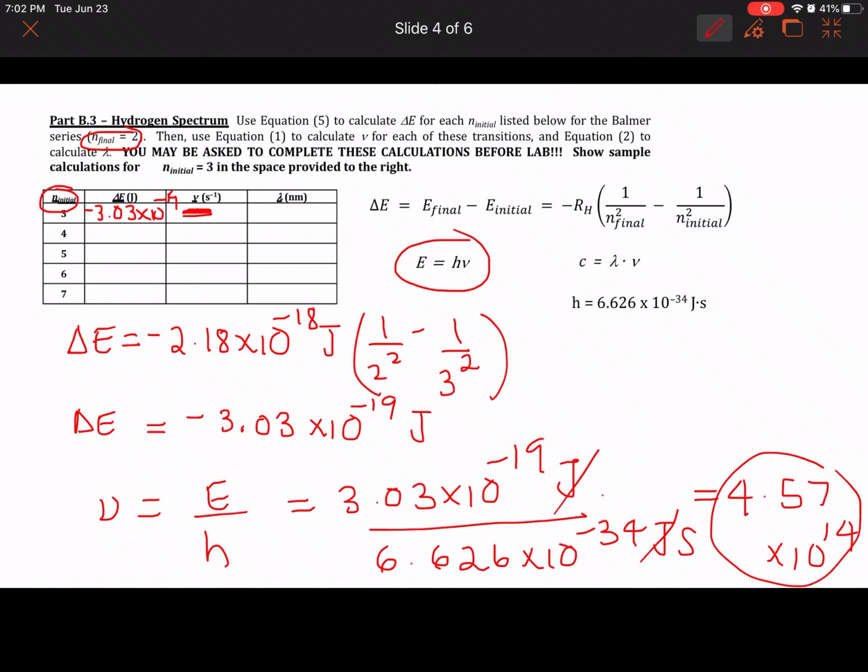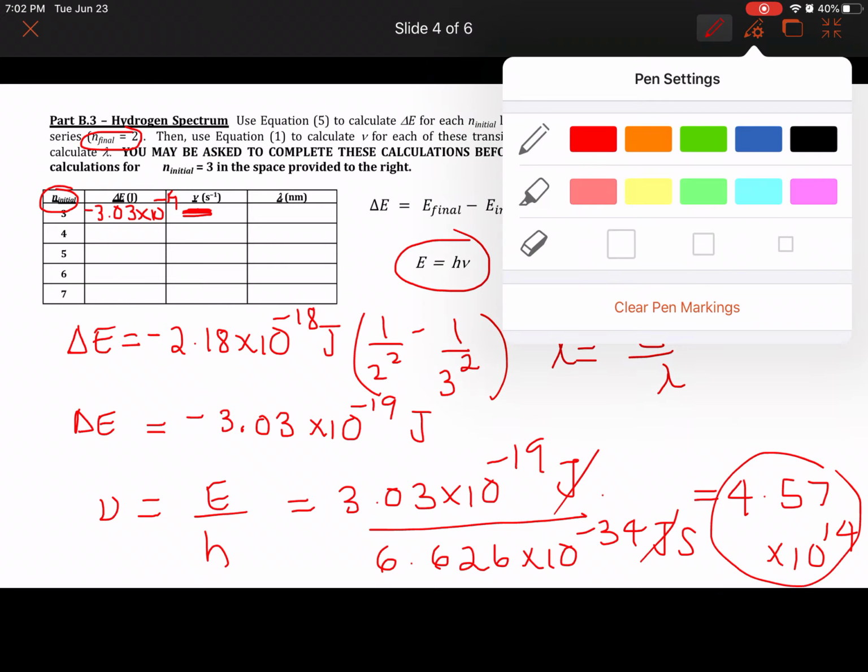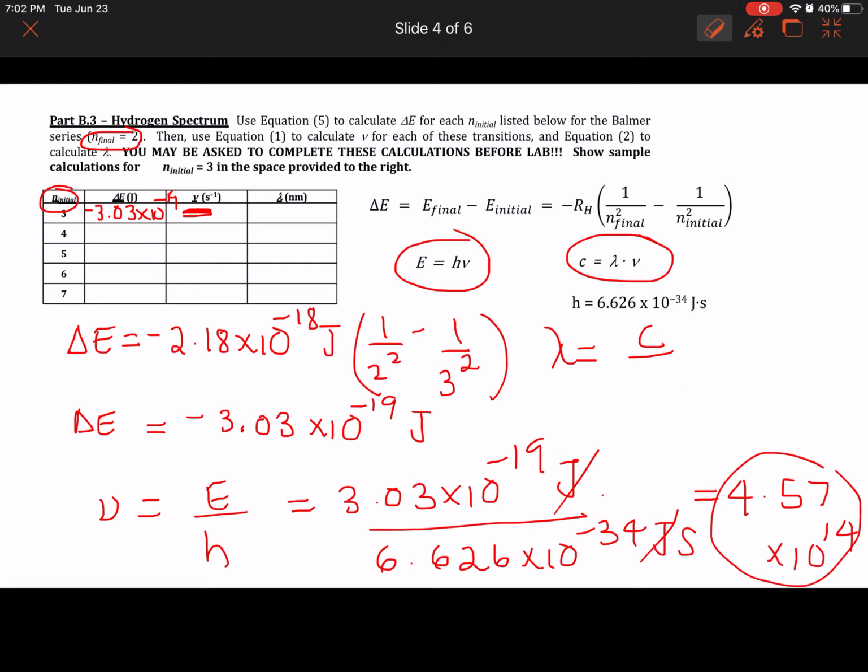And then you need to find out the wavelength. To find out the wavelength, you can use this equation, lambda. So wavelength is going to be C over nu. C is, that's not nu, that's lambda. Let me go ahead and erase that. C over frequency.